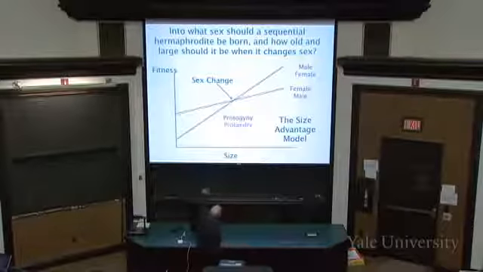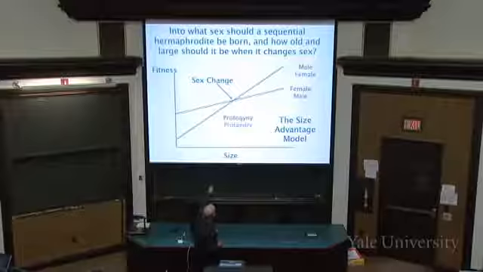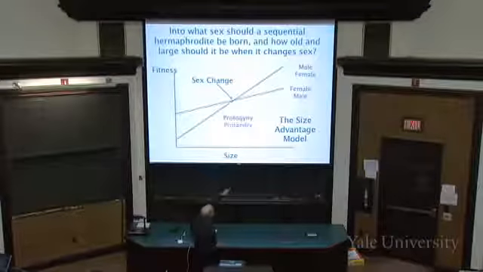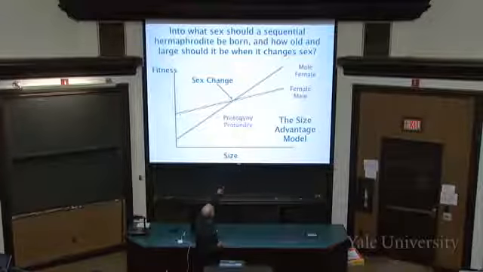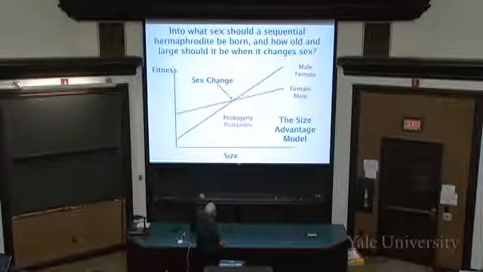And if this line is higher here for females and higher here for males, we have protogyny. And if it's higher here for males and higher here for females, we have protandry.